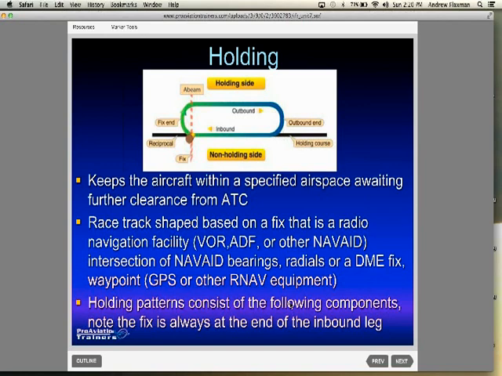You're still going to have to learn how to do your timed holds. But at least if you know that, hey, Denver Approach, we're requesting 4 mile legs over the Snow VOR, this way you don't have to worry about what the wind is doing. You fly outbound for 4 miles, now you fly inbound for 4 miles. You don't have to figure out, oh, we have to extend the time, shorten the time. It just makes your workload a little bit easier.